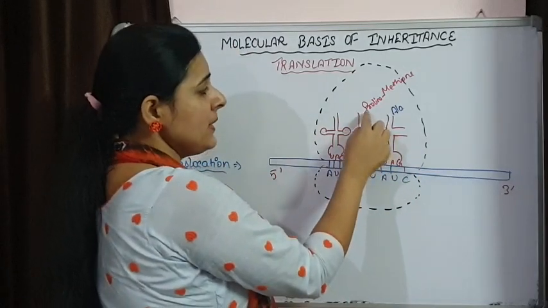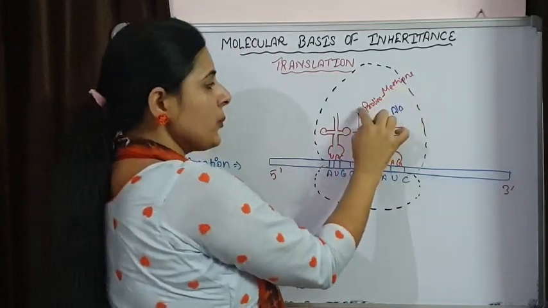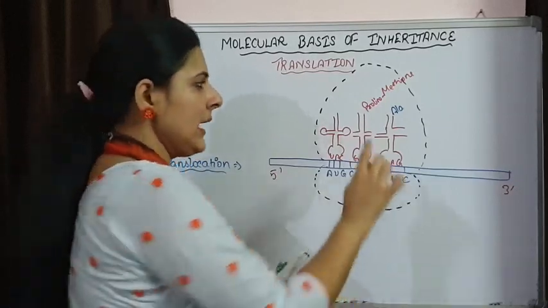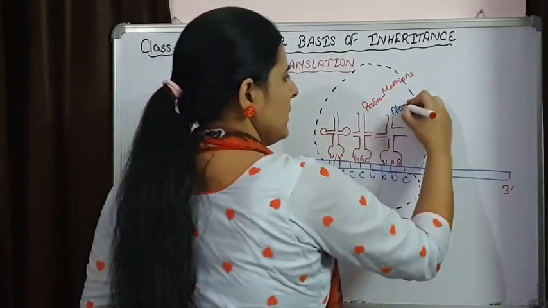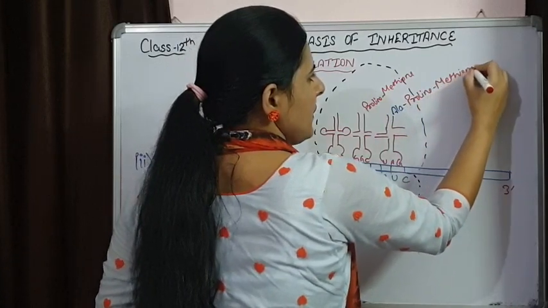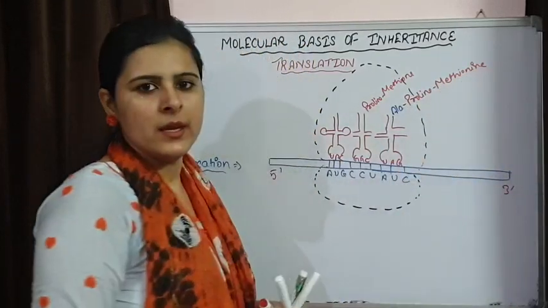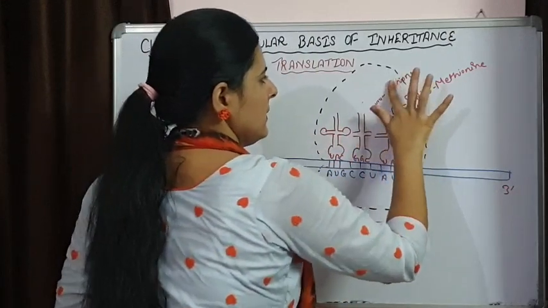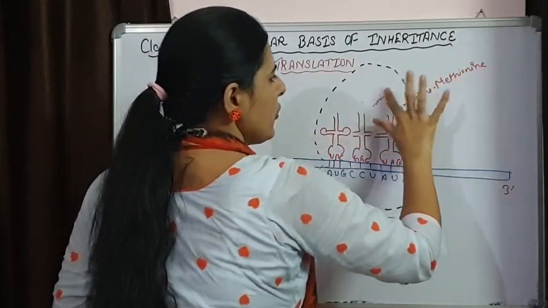Again, now what happened? This dipeptide is going to break from here. It is going to form peptide bond. So proline, methionine, they are going to remove from here.